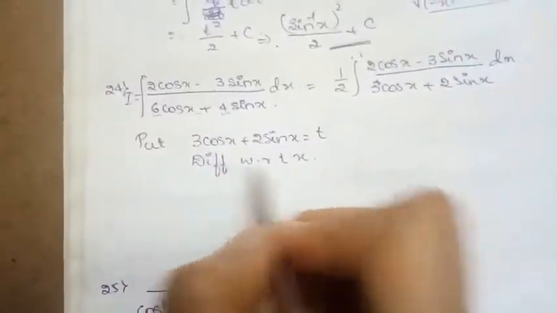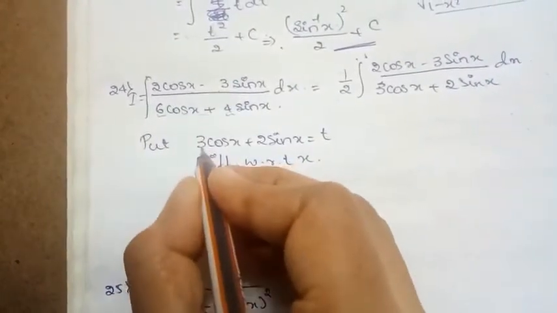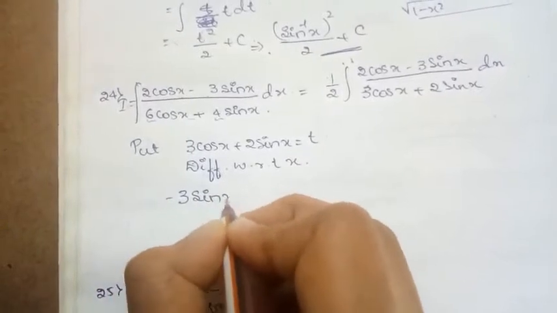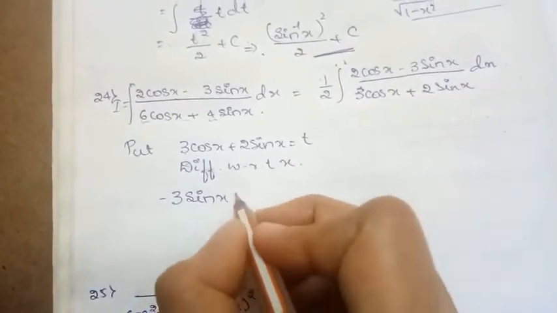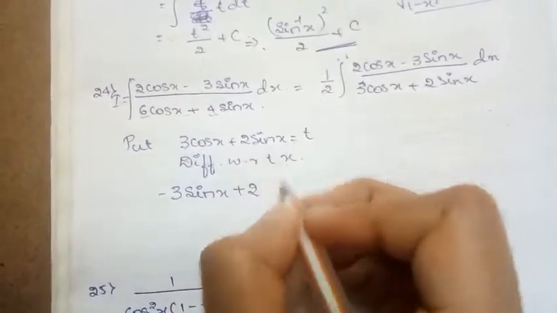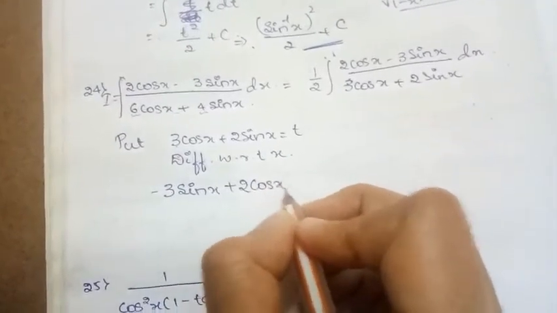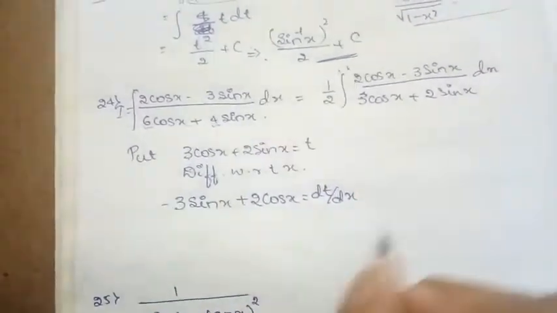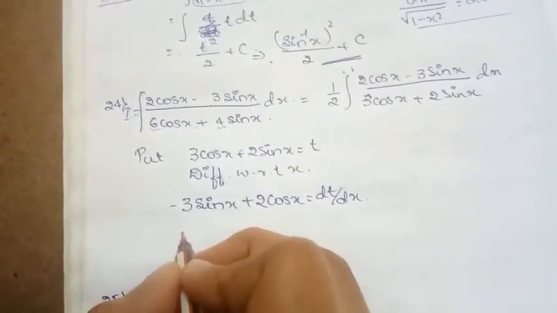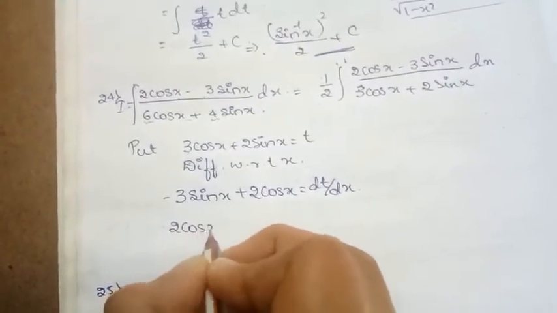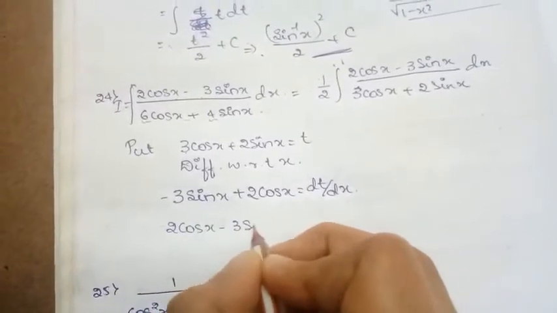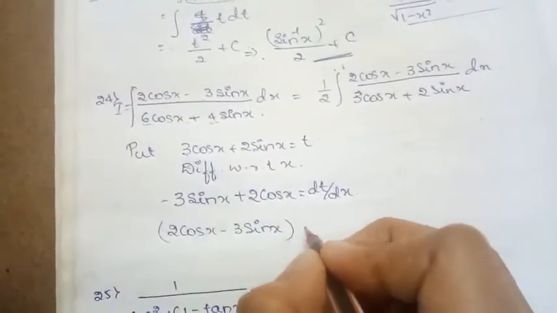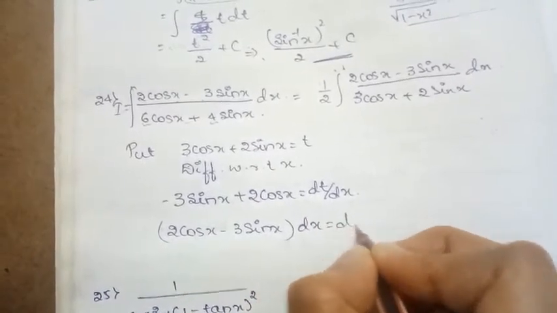The differentiation of cos is minus sin x, 3 is a constant as it is, plus 2 constant as it is, and the differentiation of sin is cos x, which equals dt by dx. Now you can see clearly 2 cos x minus 3 sin x. If I bring this dx to the left hand side, it becomes (2 cos x minus 3 sin x) dx is equal to dt.